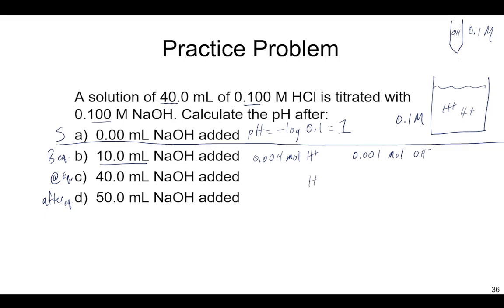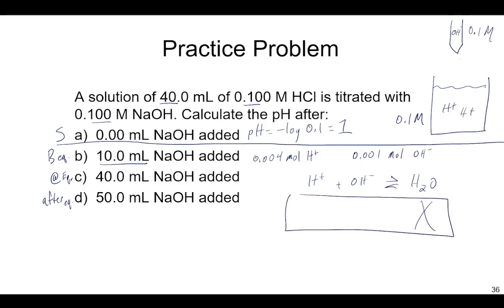Ice chart, where the ice chart for all these strong acid, strong base problems is going to look just like this. These are our initial conditions we've calculated. One of these will get completely used up.